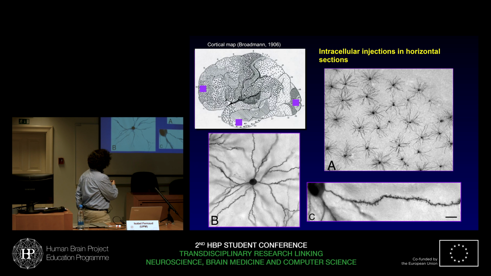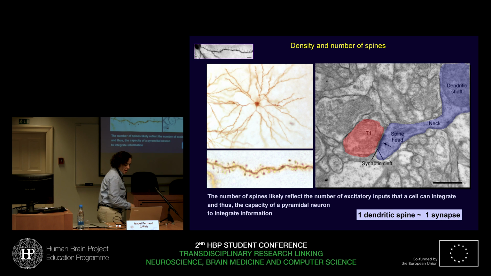So you have it quite separated from one another, and you can study the morphology very precisely. The disadvantage of, for example, immunocytochemistry is that you will have the whole area stained, so you cannot distinguish between one neuron and the other, and you won't know if one branch comes from this neuron or from this other neuron. So you can study, as I said, the basal arbor, or you can study the spines of the dendrites.